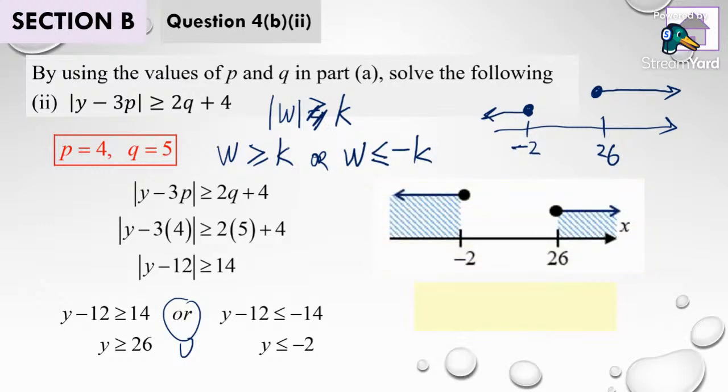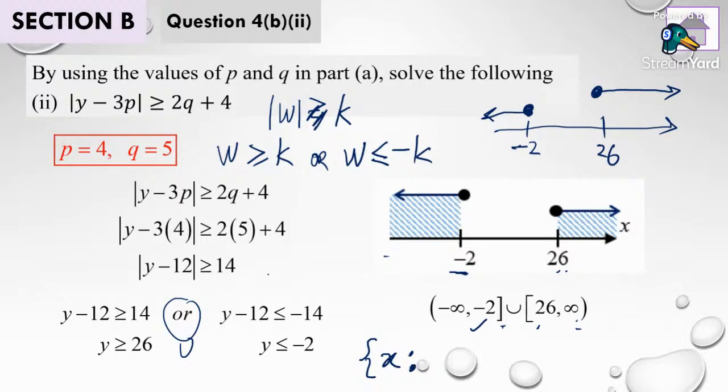So the answer, if you want it in interval notation, is as simple as this: negative infinity to negative 2, close bracket, union 26 until infinity. And if you want to write in set notation, the question doesn't specify what method to write. So be aware, the way of writing is like this.